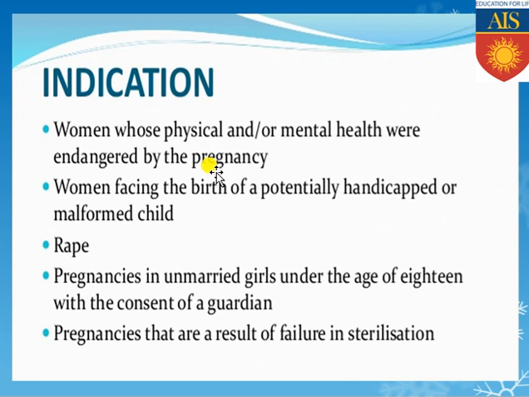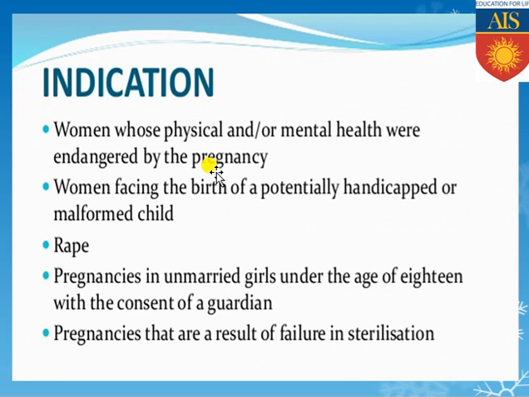If the baby is the product of a rape case, then if the mother wants, by the process of MTP that growing baby can be forcefully withdrawn from the mother's womb.